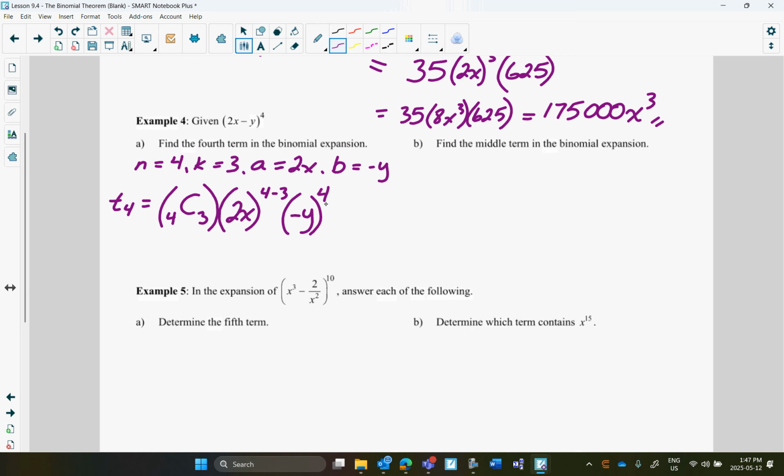And now 4 choose 3 is the same as 4 choose 1, so it's 4, times 2x to the first, times negative y. If I raise negative y to the fourth, isn't that negative y times negative y times negative y times negative y?